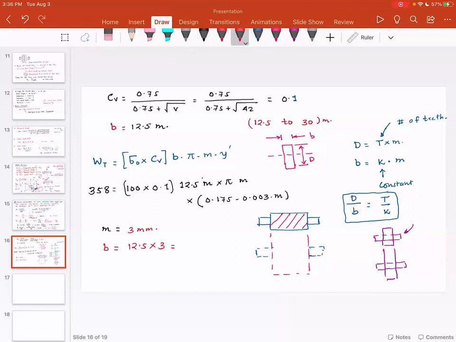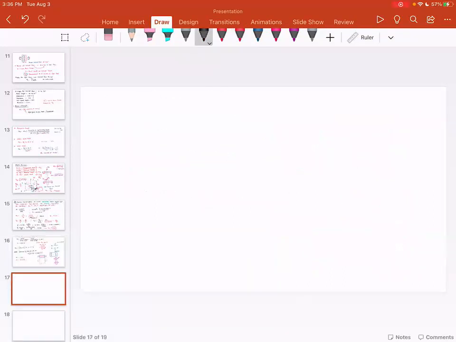Now, the next step is we have to check the gear for wear. So as we know, the velocity ratio is equal to 4.